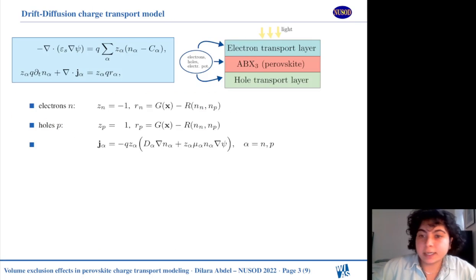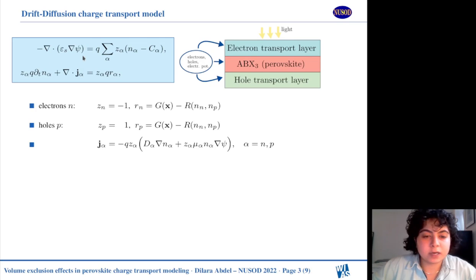approach. Taking a three-layer architecture into account, where the perovskite is sandwiched between transport layers, we have electrons and holes moving through the whole device, satisfying mass balances which are coupled to the Poisson equation for the electric potential.